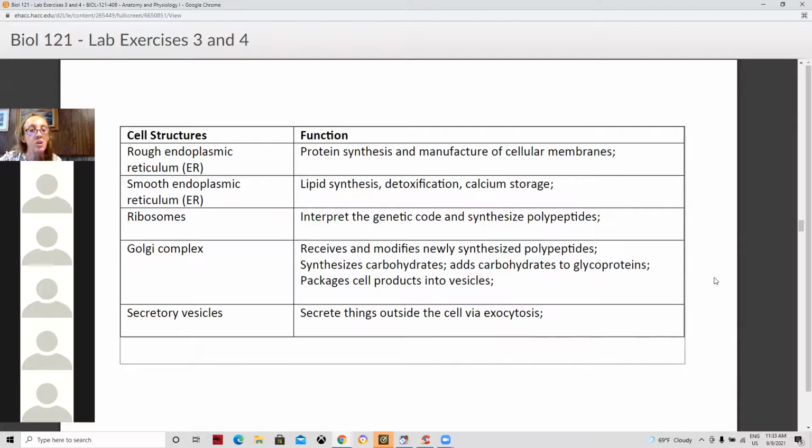Secretory vesicles are vesicles that allow things to be secreted outside the cell via exocytosis. So we talked about endocytosis, which is to bring things into a cell. Exocytosis is to take things out of a cell. Exo is to exit a cell.